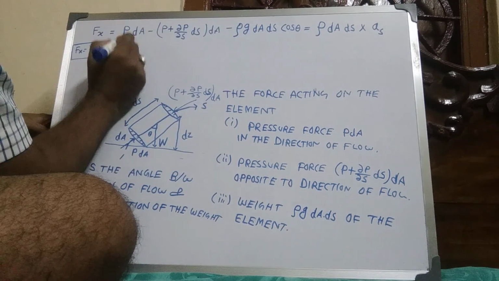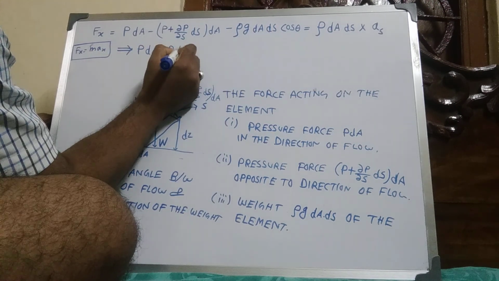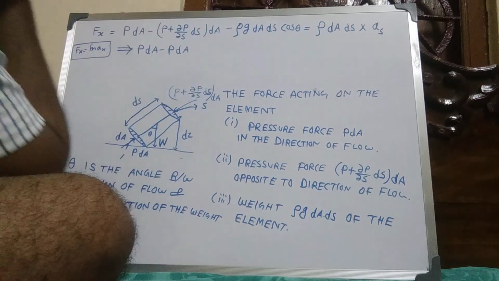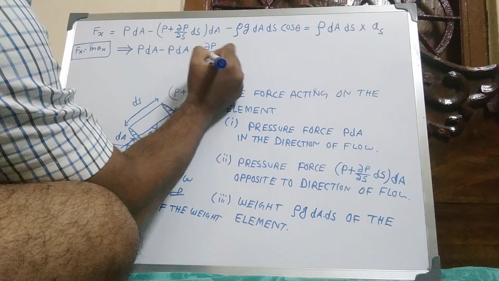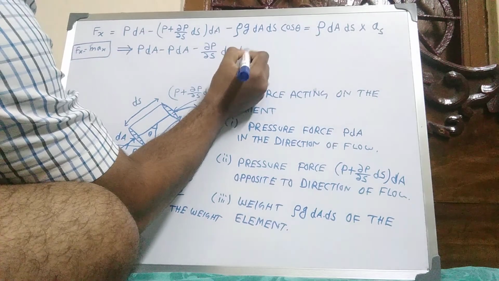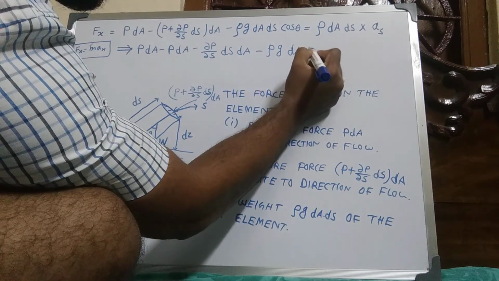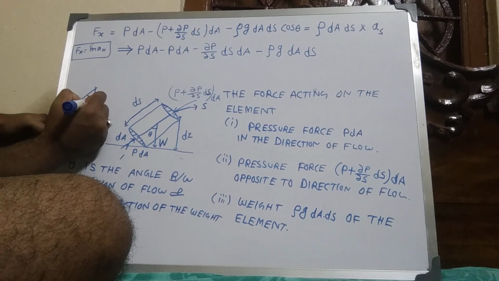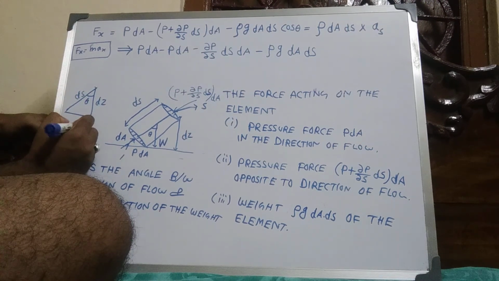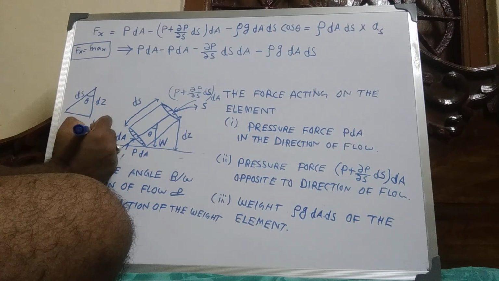Now solve this: P dA minus P dA, minus dP/ds ds dA, minus rho g dA ds cos theta. Here theta, dz and ds form a triangle, so cos theta equals dz by ds.